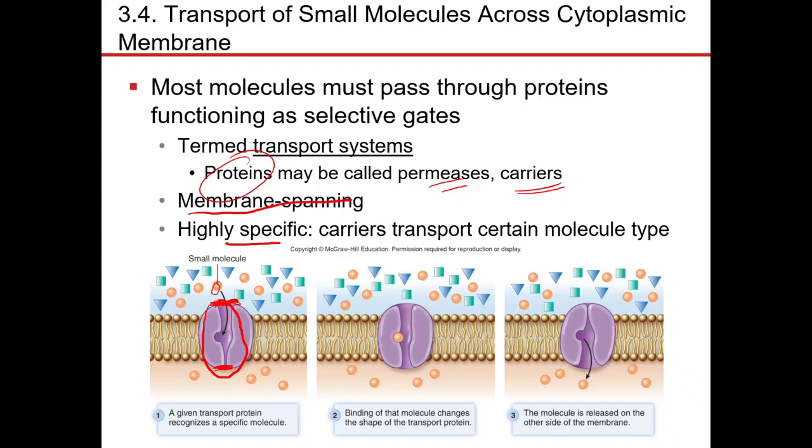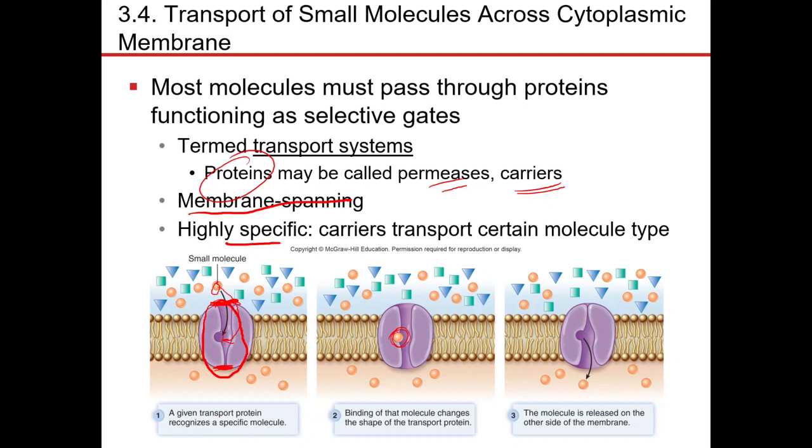The reason is because once this circle enters the protein channel, it binds to an active site in the protein channel that will allow the protein channel to change shape, right? Once it binds to this particular region, it's like a signal, and the protein channel changes shape.